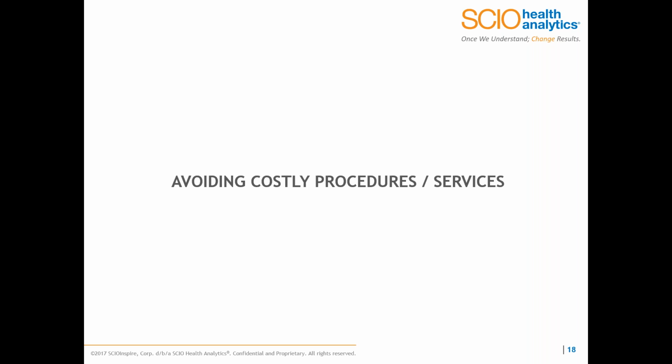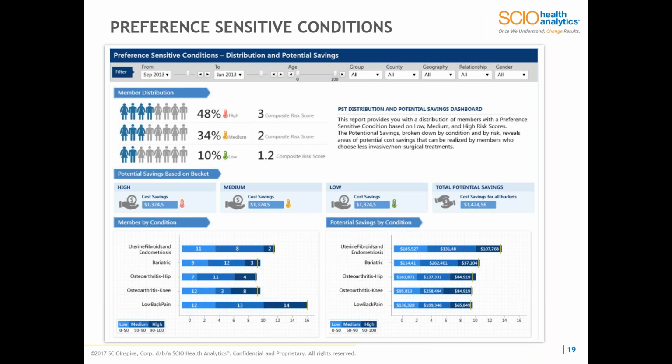We're going to talk a little bit now about avoiding costly procedures and services and what analytics can be leveraged to accomplish that. Another model that SCIO has developed is called preference-sensitive treatment models. It determines high-risk patients for certain conditions, which I call ailments, where there's no definitive clinical guideline and there are multiple treatment options.